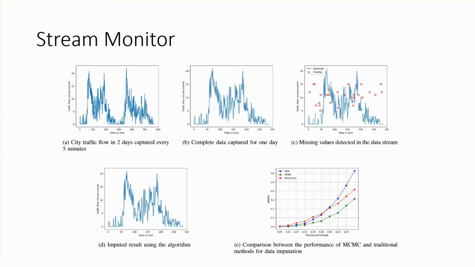Here are some graphs that illustrate the steps of how the monitoring is done, and in terms of its performance, it's compared to other methods that are used for data imputation.